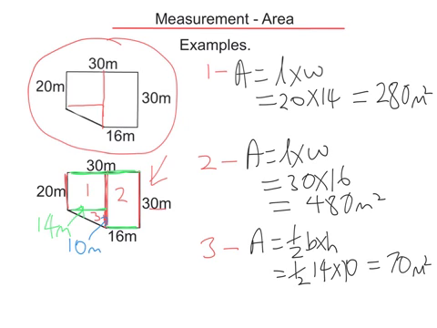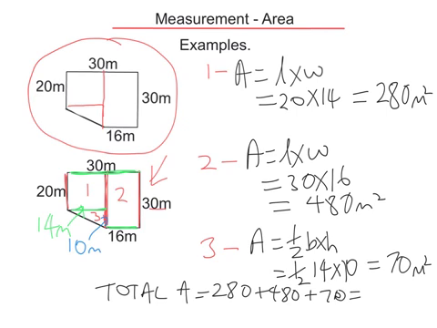That means the total area is all those three added together, which is 280 plus 480 plus 70, which equals 830 square meters.